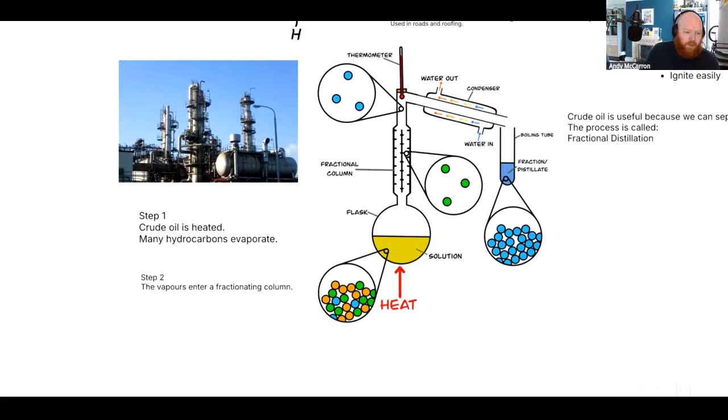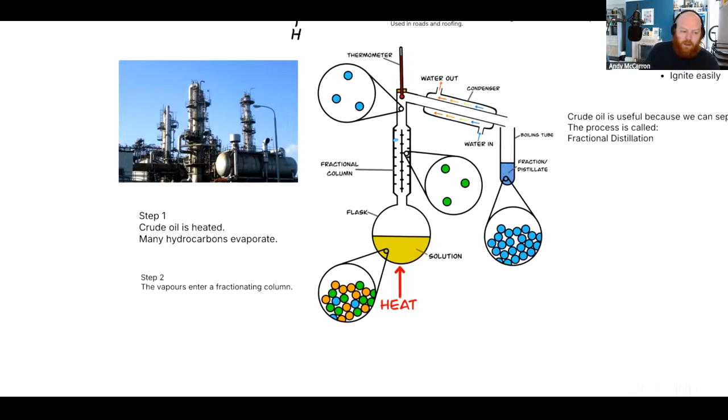So what they've done with the fractional column is increase the surface area. By increasing this surface area, the small little hydrocarbons are able to zigzag through really easily. And as it gets bigger and bigger as a hydrocarbon, they find it harder and harder to get through here.